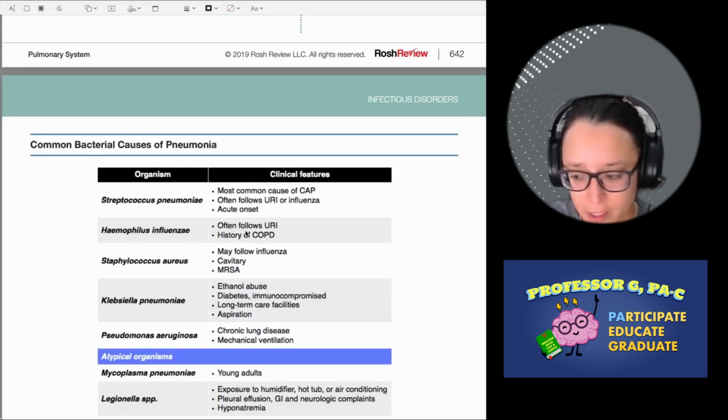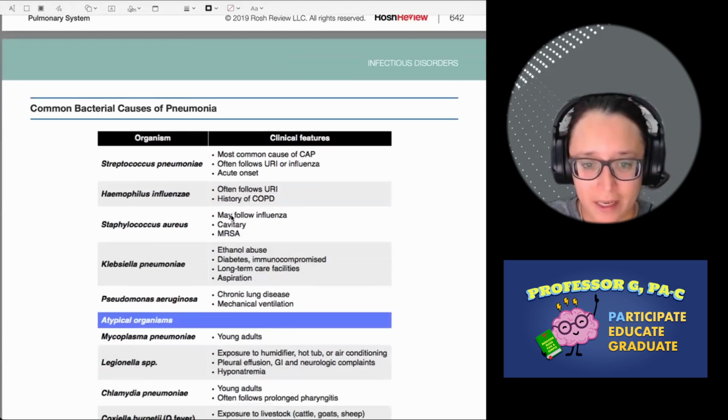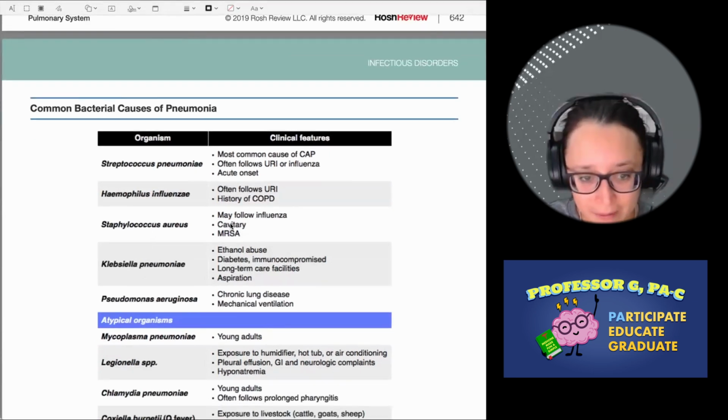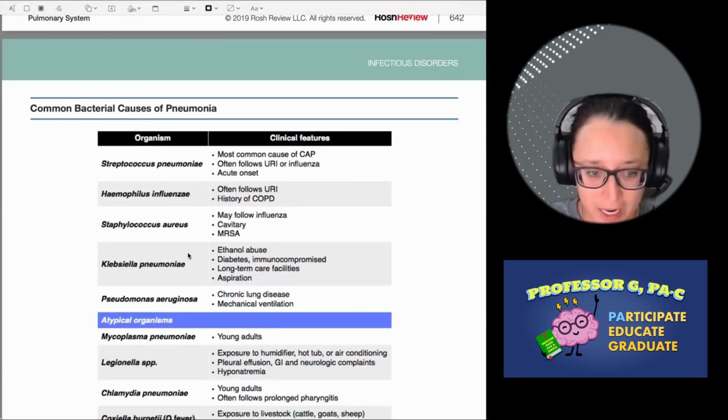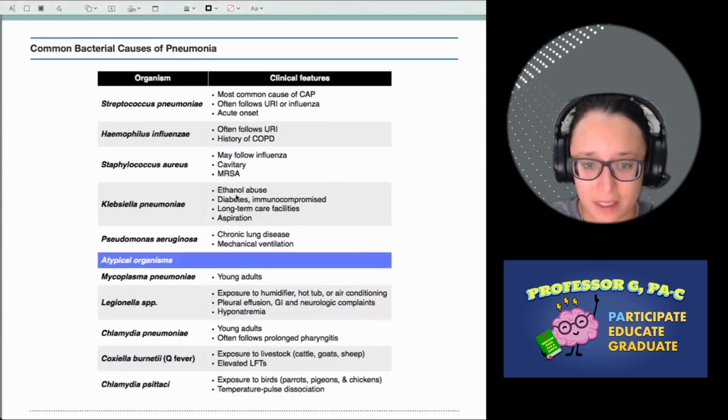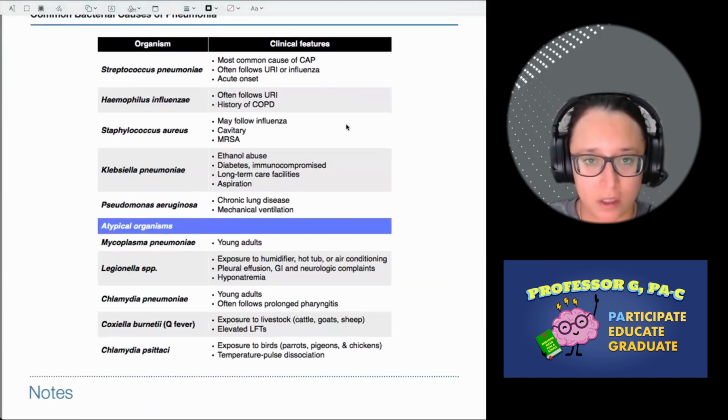H-flu is COPD usually. Staph can follow influenza, or it can be cavitary lesions, or it can be MRSA related. Klebsiella, alcohol use, aspiration pneumonia, it can cause that. Currant jelly sputum. Pseudomonas, chronic lung disease, sometimes mechanical ventilation, but most often cystic fibrosis. Those are the more typical ones.